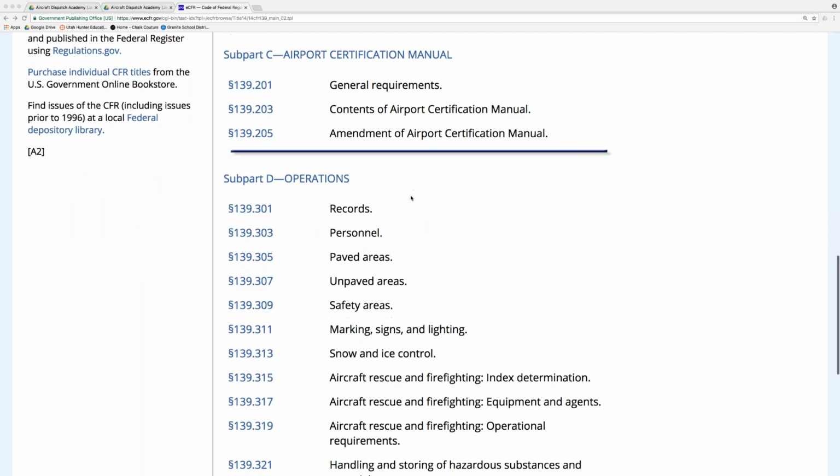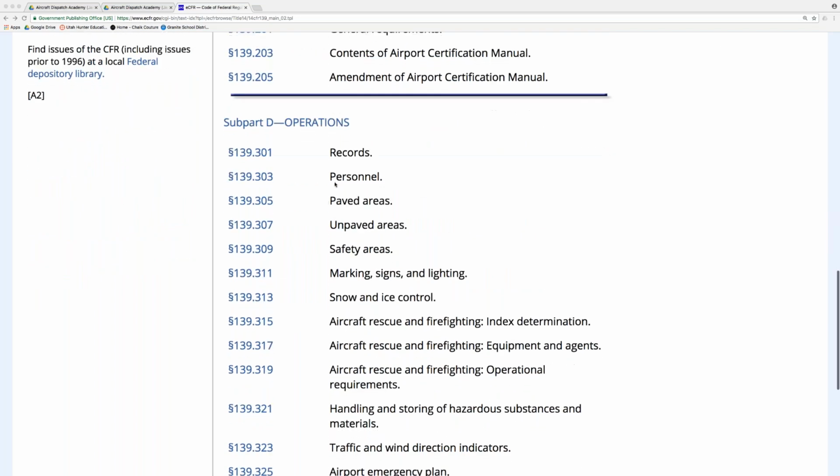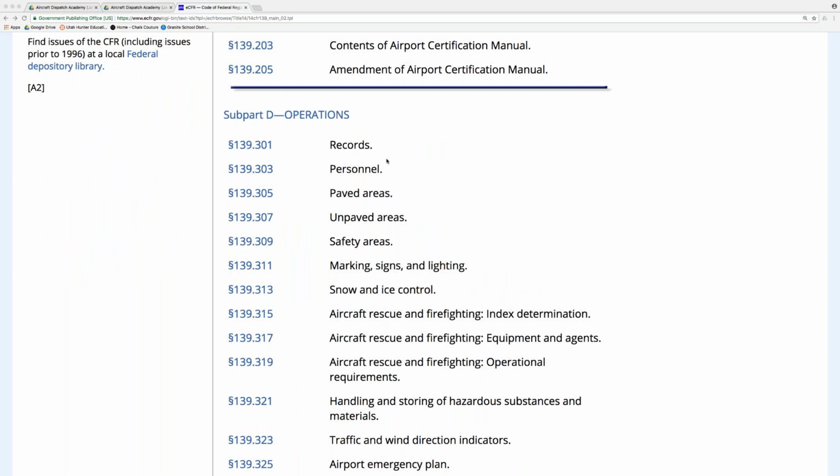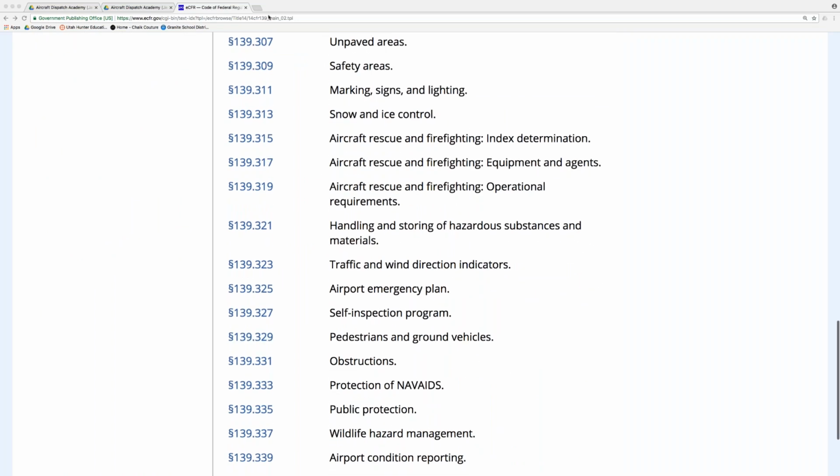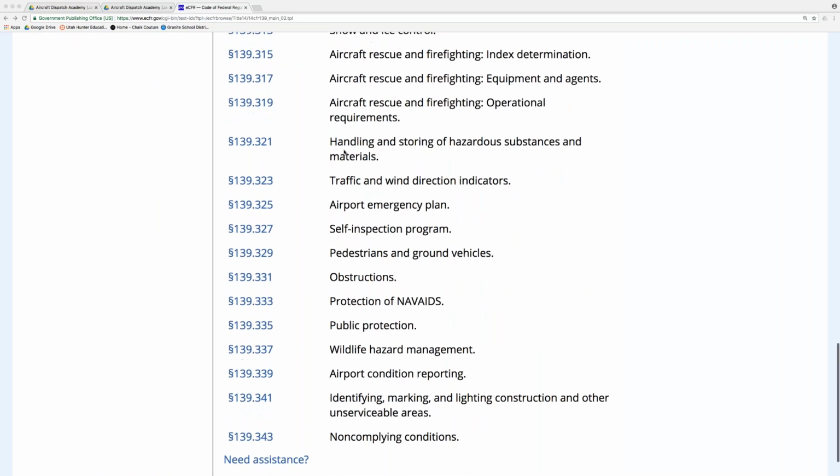They go over some basic things in every one of their documents, but this talks about the records of the airport, personnel, paved areas, unpaved areas, the safety areas. So they've got to be able to maintain all of the things going on with the airport, and document everything basically.